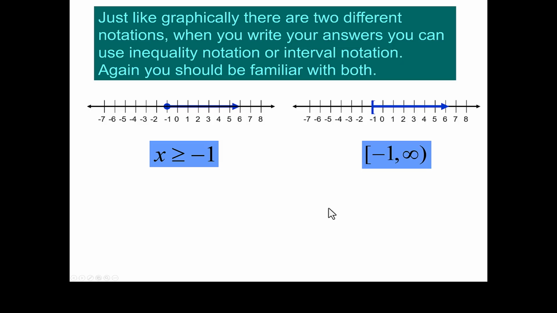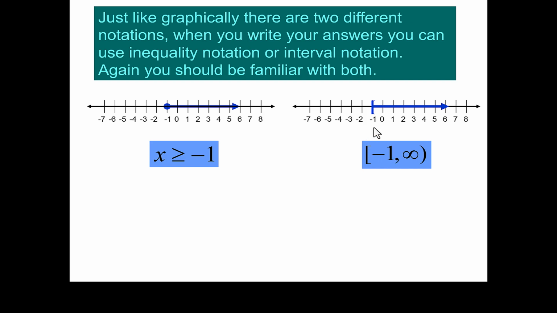Just like graphically, there are two different notations when you write your answers. You can use inequality notation or interval notation. Again, you should be familiar with both types of notation. Here you can see that x is greater than or equal to -1. So in this case, -1 is part of the solution set.